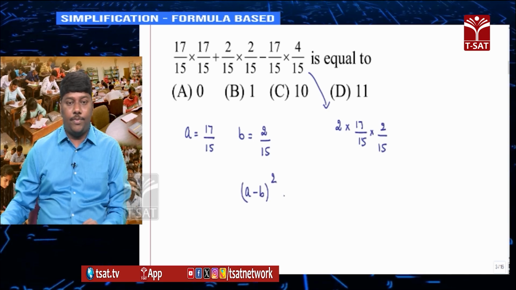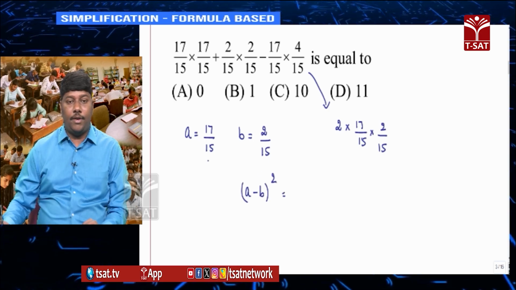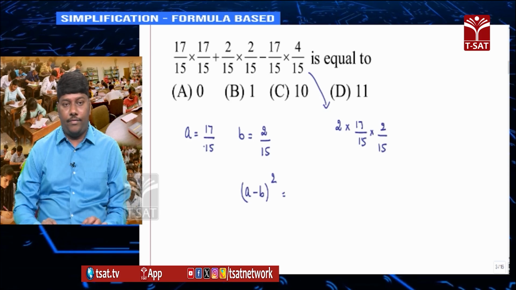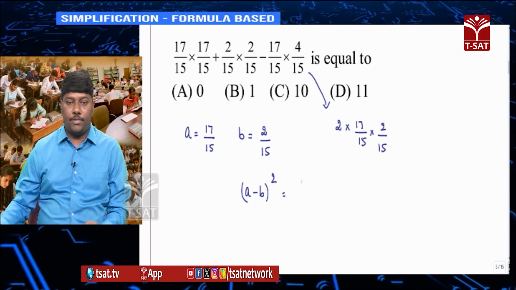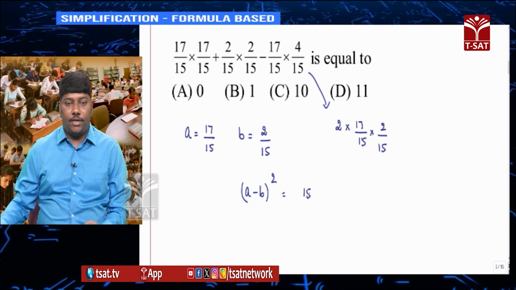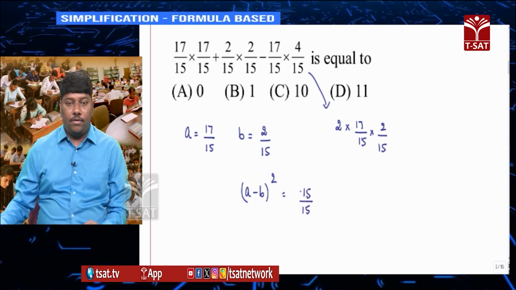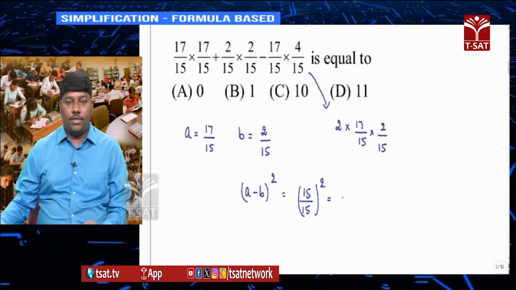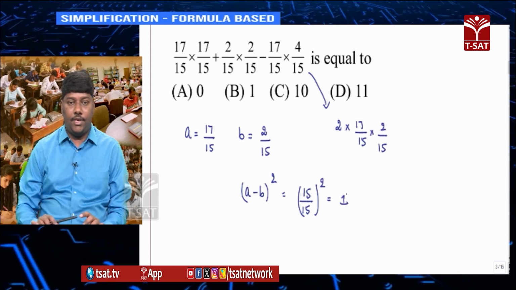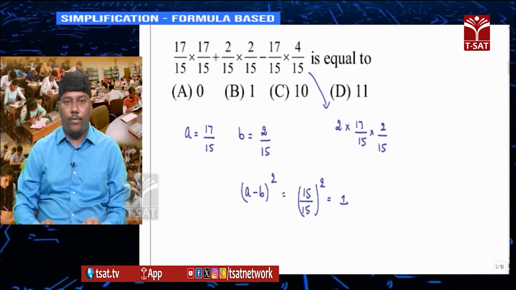But what is a minus b? 17 by 15 minus 2 by 15 becomes 15 by 15. So what is 15 by 15? It's 1. 1 you do square or cube, it remains 1. So the answer for this question is simply 1.